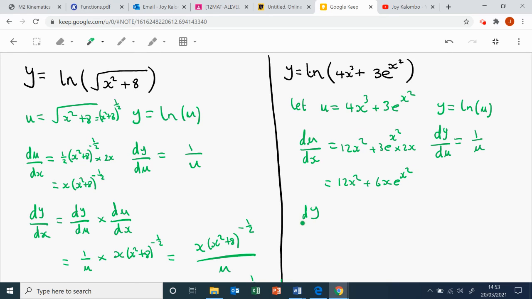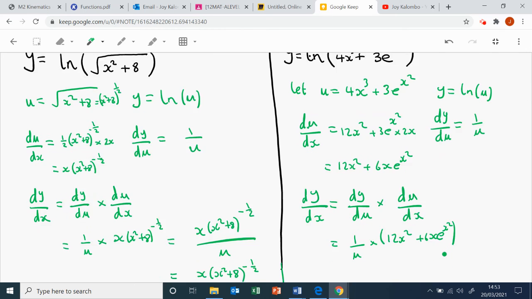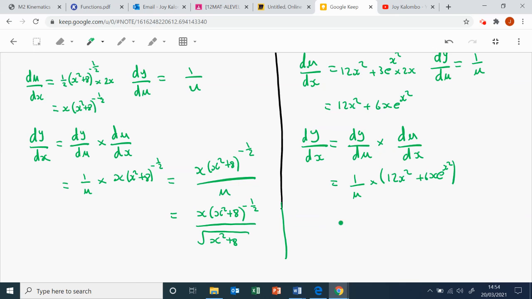So then dy dx is going to be equal to dy du multiplied by du dx. So dy du is equal to 1 over u. du dx was equal to 12x squared, let's put that in a bracket, plus 6x e to the x squared, which of course can be simplified to 12x squared plus 6x e to the x squared all over u.